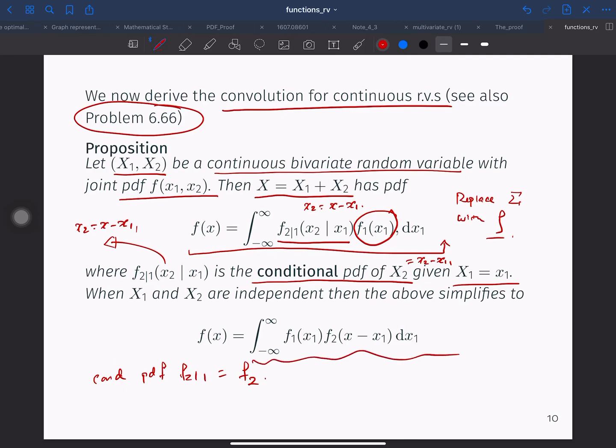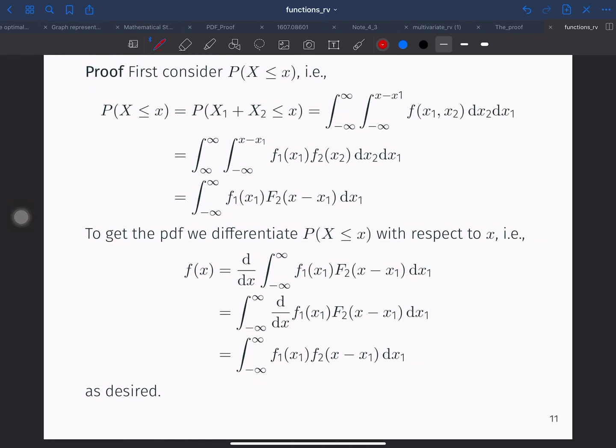I will have this expression here, which looks exactly like the convolution for discrete random variables, once again replacing summation with integration. And so the proof is once again very simple.